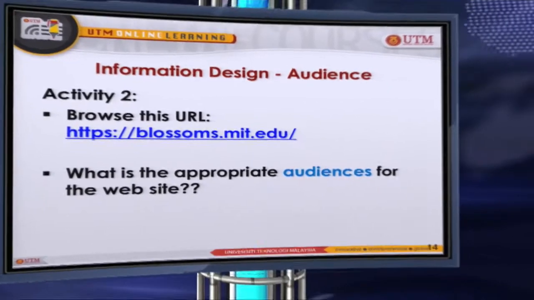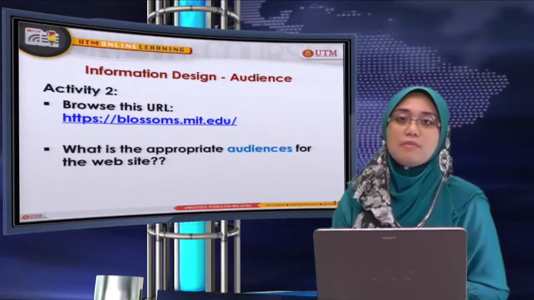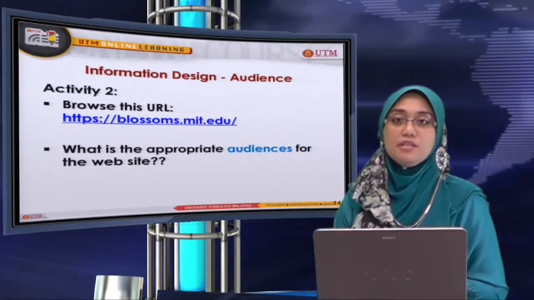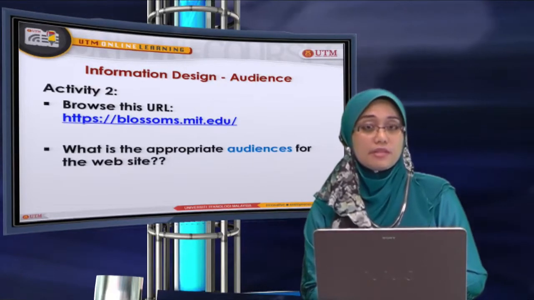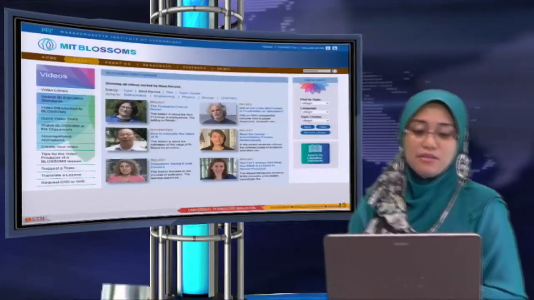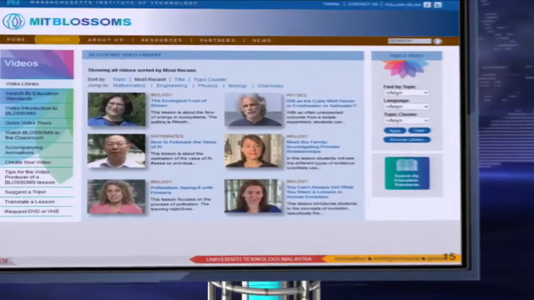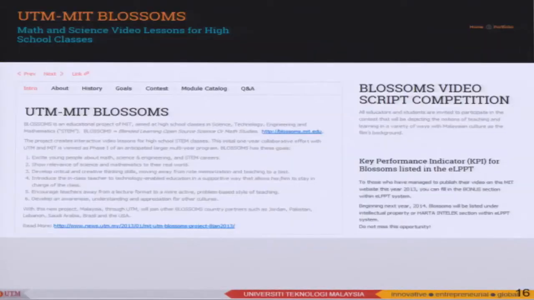Activity 2. We browse this URL, blossoms.mit.edu. What is the appropriate audience for the website? Let's take a look. To identify the audience for your website, you must identify what it is that the group has in common with your website.